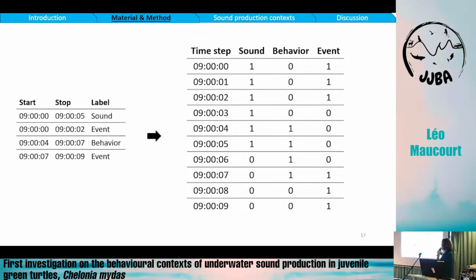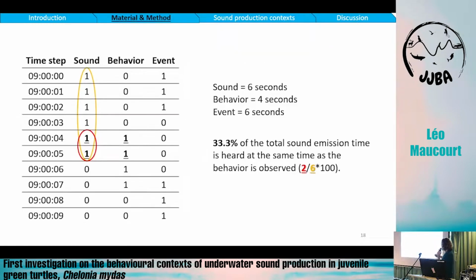Then I just code 0 if there is no label and 1 if there is a label. After that, I look for the 1 second sequences co-occurrent between sound and behavior, or sound and external event. So here, for example, I have 6 one-second sequences of a sound, and 2 of them co-occurred with the behavior. So I can say 33% of the sound was co-occurrent with the behavior.